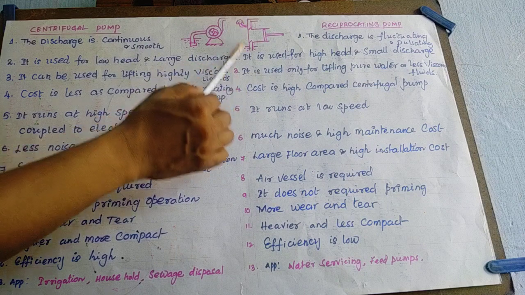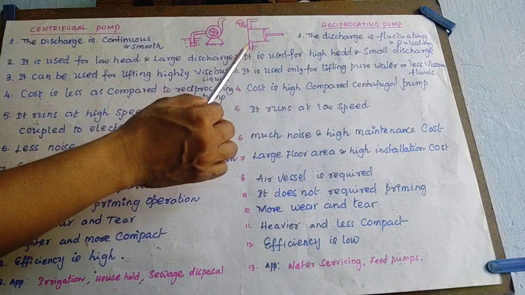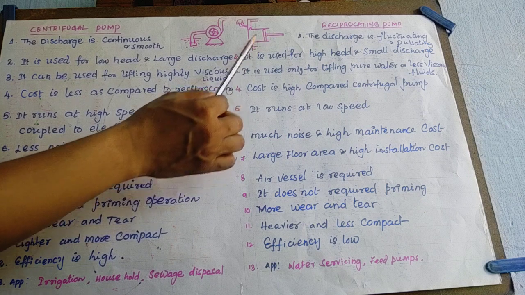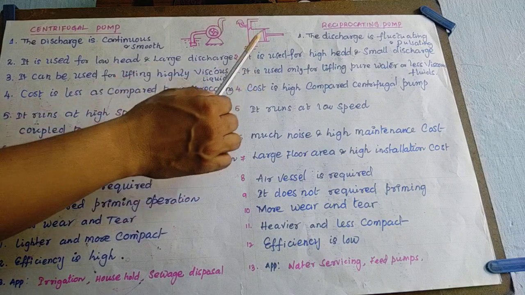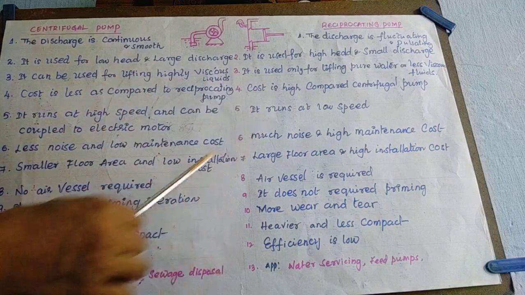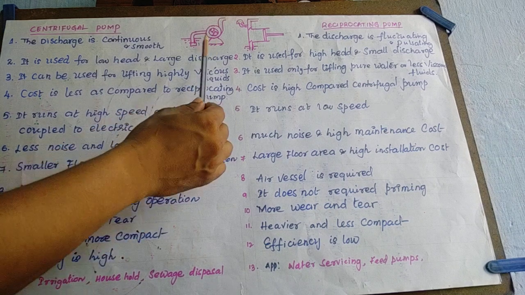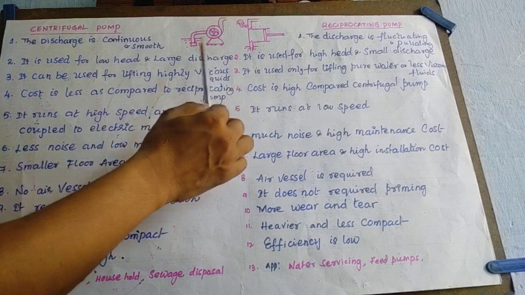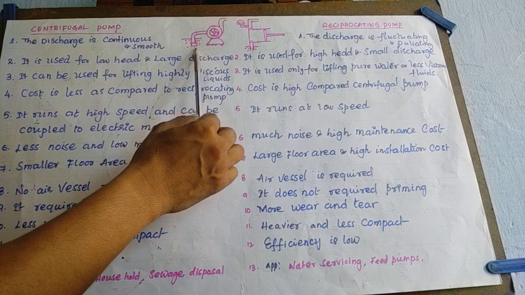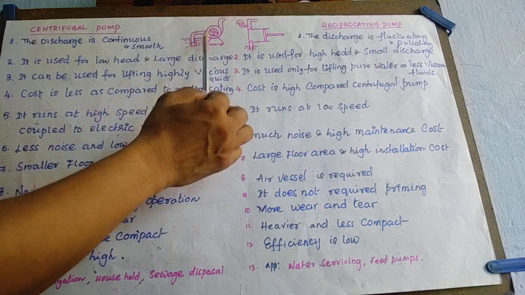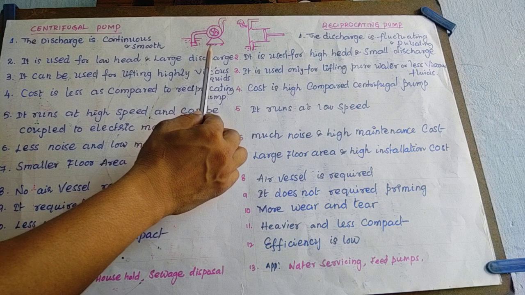But in the case of the reciprocating pump, no such problems occur. Here the sucking takes place during one of the strokes, so no need of any priming operation in the reciprocating pump. Coming to the next point, less wear and tear takes place in the centrifugal pump. Wear and tear will take place only when there are sliding or moving parts, but here no such moving parts are there, so less wear is possible.